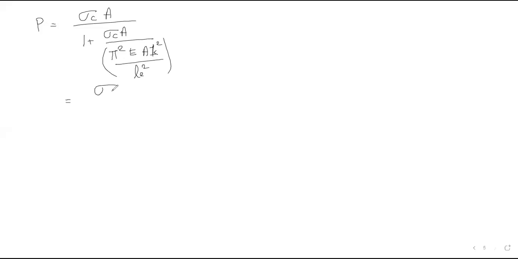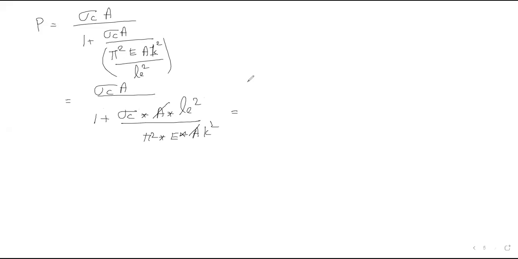So here again, sigma C into A divided by 1 plus sigma C into A into LE squared divided by pi squared into E into A K squared. So this A gets cancelled.